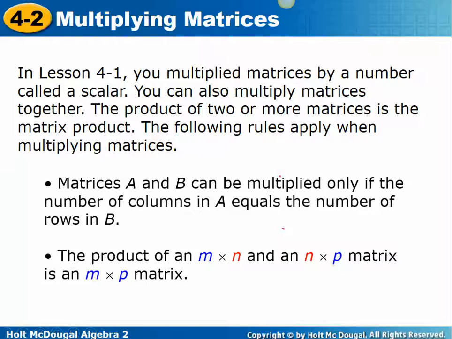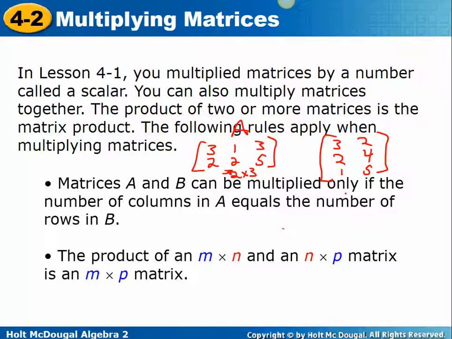The number of columns in A equals the number of rows in B. Now remember, when you talk about a matrix, we name a matrix by its number of rows first and its number of columns second. So this would be a 2 by 3 matrix. The number of columns in matrix A has to match the number of rows in matrix B.